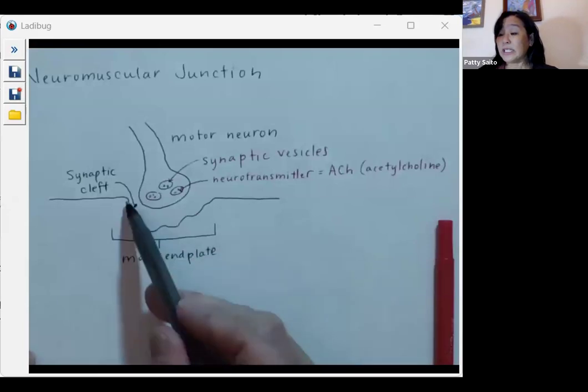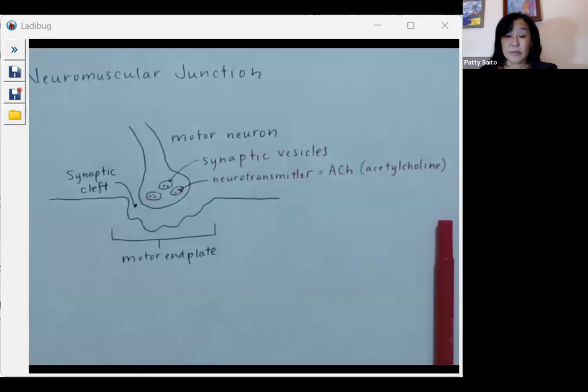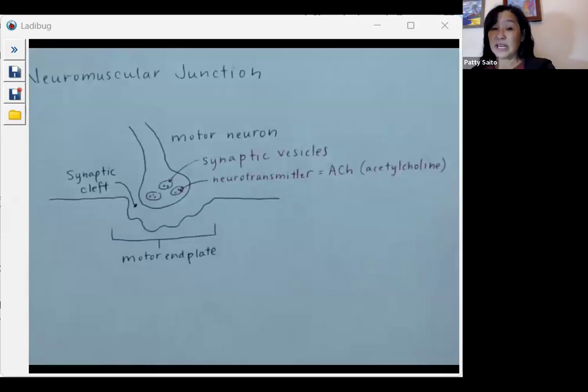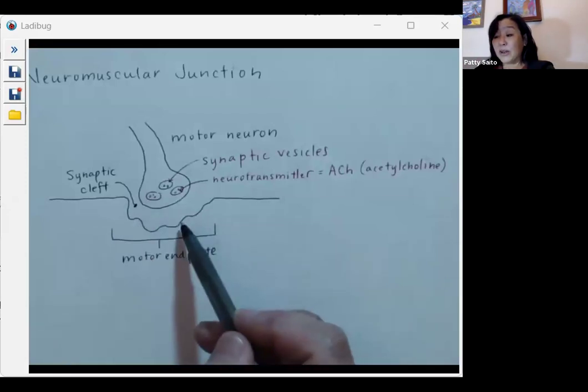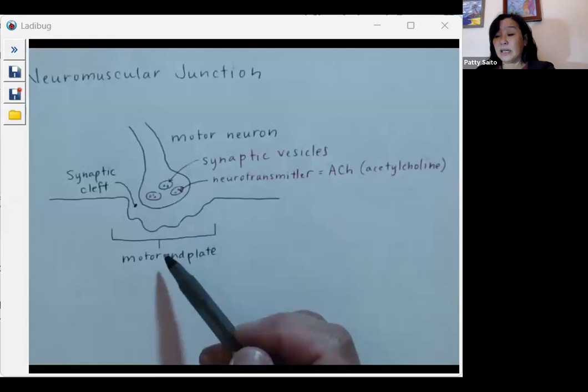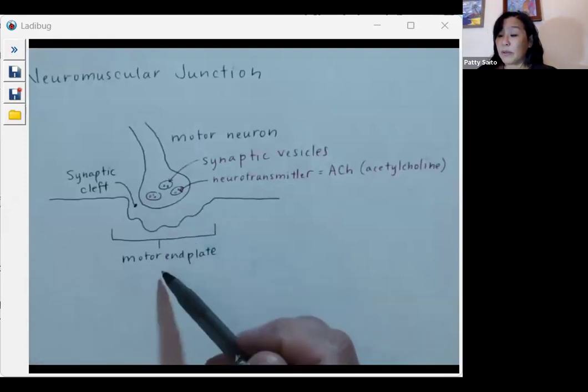It's got a little bit of a wavy surface to it. The motor end plate, that's just the way it is. There's a little area here where the neuron will interact. Okay, so motor end plate.